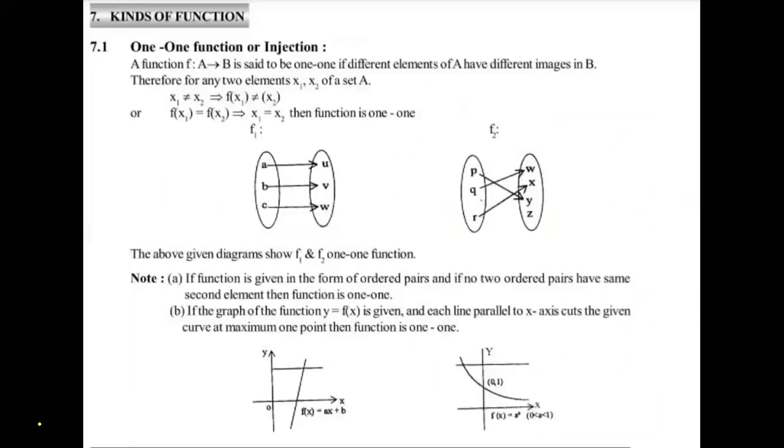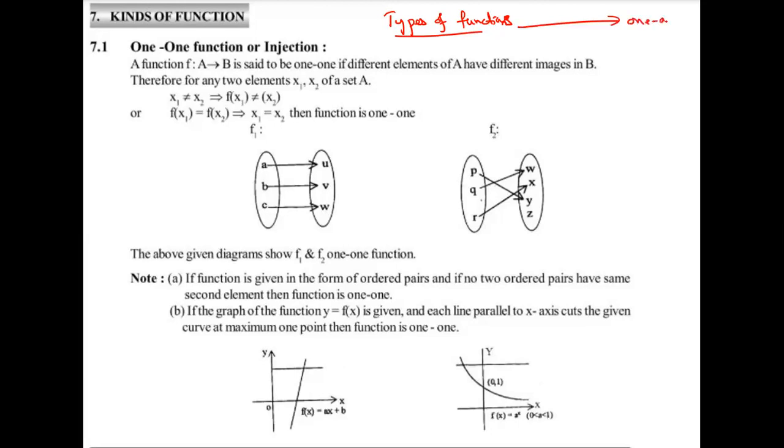Okay. Now, types of functions. What are they? First one is 1-1. Second one is many-1. Third one is onto. Fourth one is into. Fifth one is bijection.